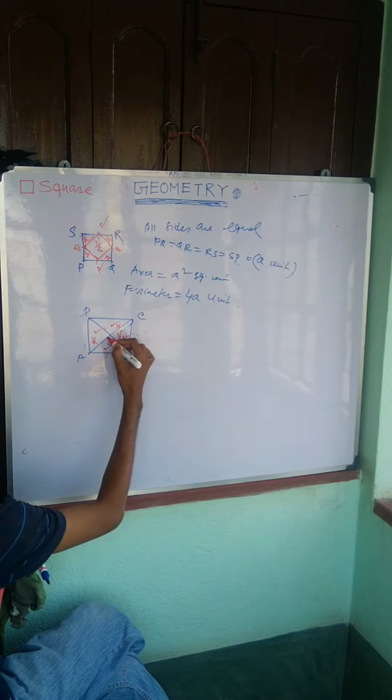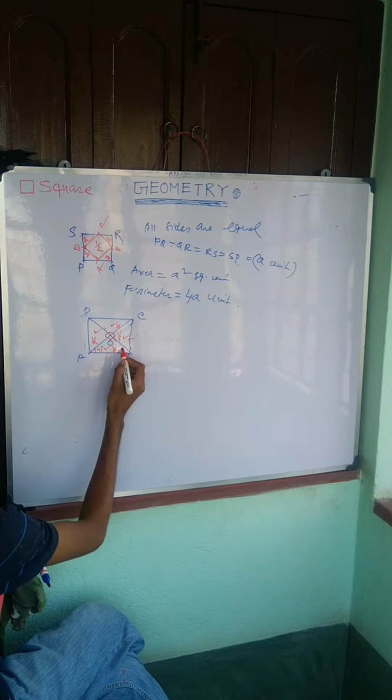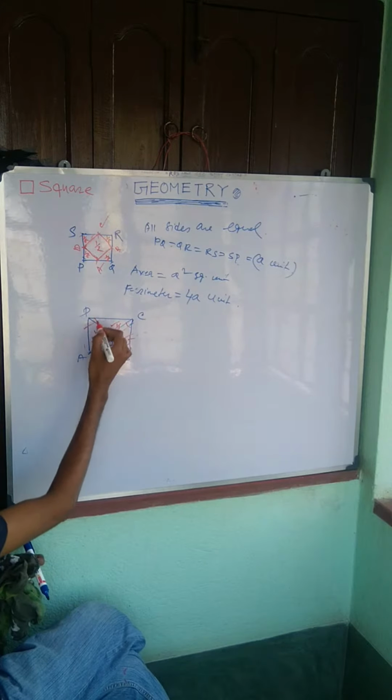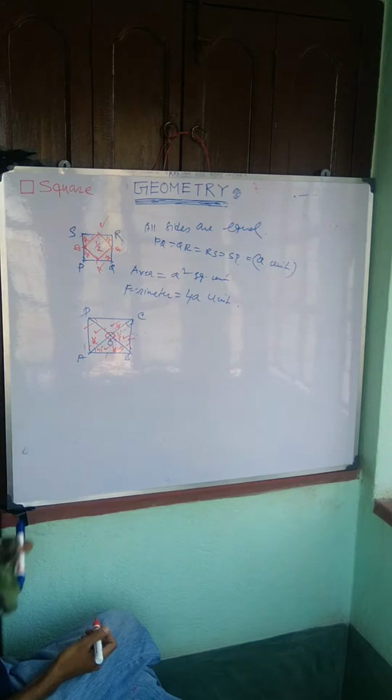And these angles at the center are 90 degrees, and these are 45, all are 45. Guys, understood easily? Just observe precisely.